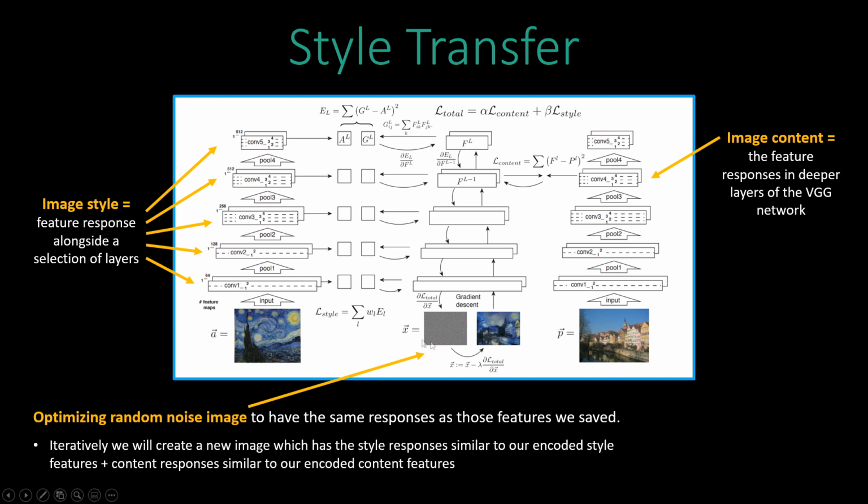When encoded with the same network, we are trying to have this newly generated image be similar in its content feature representation. So somewhere in the very large depth, we are matching it with the content, and then everywhere else, or even maybe including this layer as well, we are trying to match it with the style of the image.